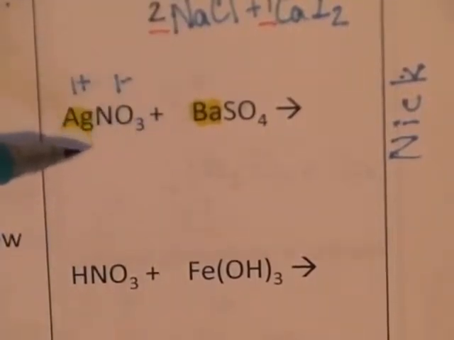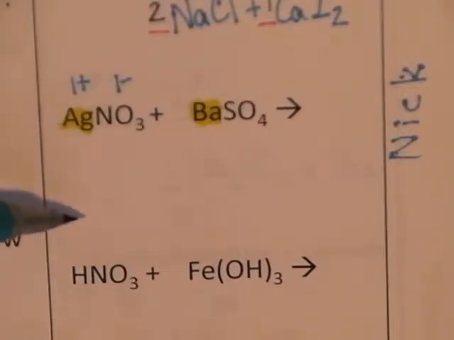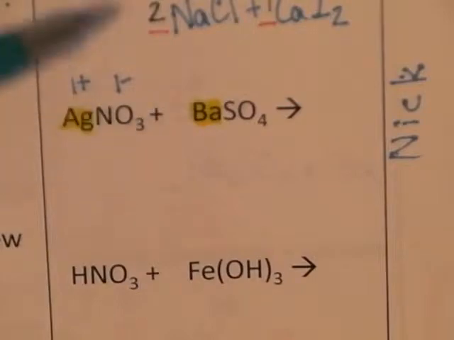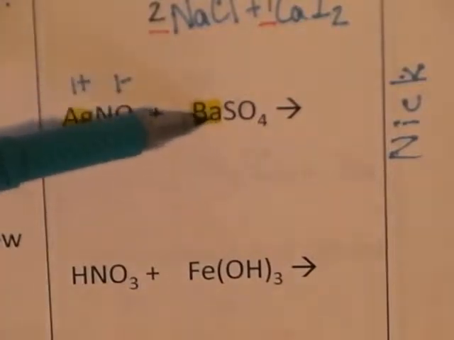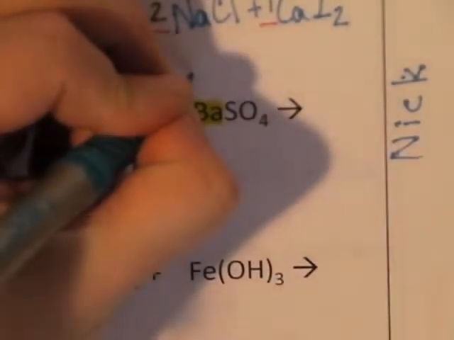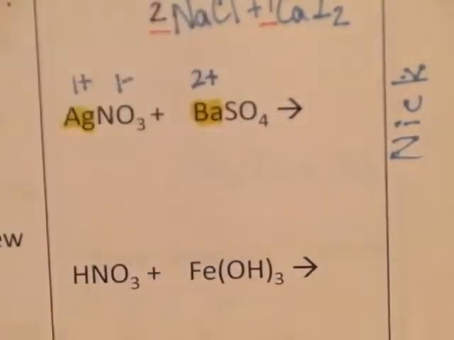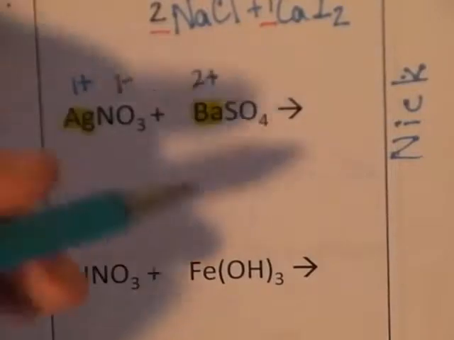The other way you could have done that was obviously look at your transition metal chart. Silver is one of those 3 exceptions. Remember, silver, cadmium, and zinc. Silver only can form a +1, but in the event that this wasn't silver and it was a different transition metal, you have to uncross. Okay, so +1, -1. What about over here? Barium, not a transition metal, so you can look its charge up. It's a +2, right?